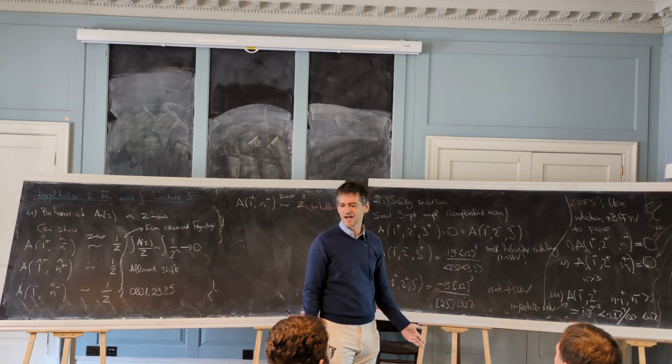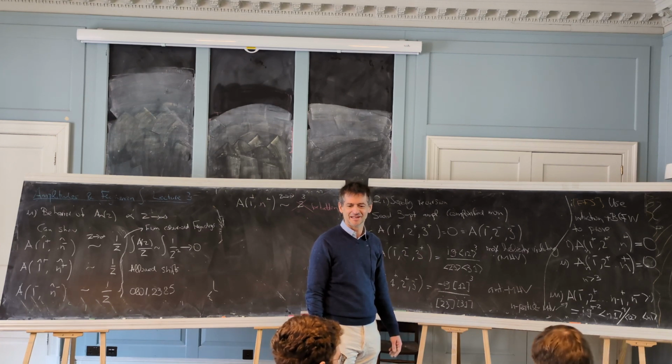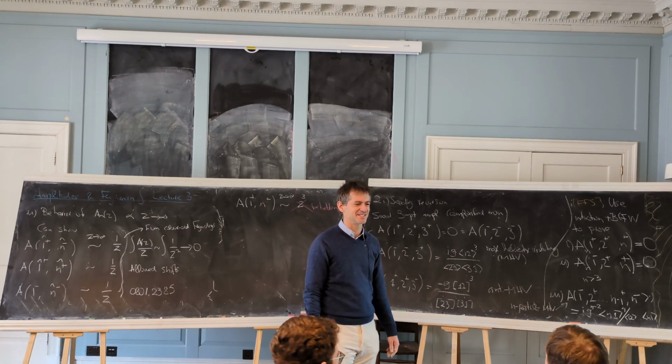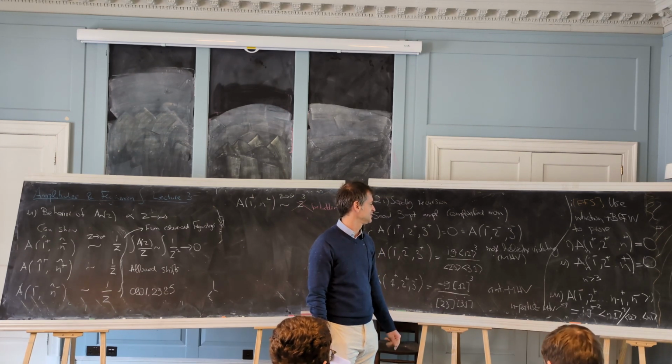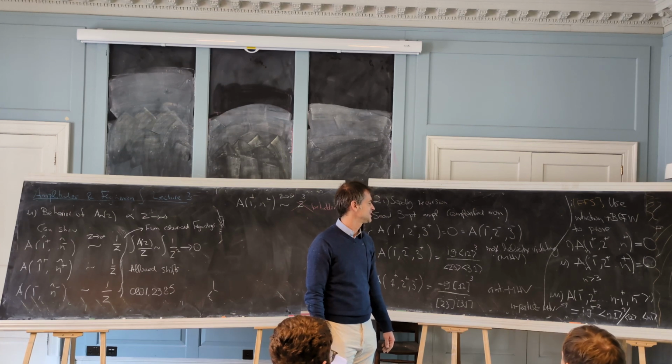And in fact, it is time for a break now. But let's see if there are more questions. Can you use the same for gravity? You can, so this is tree level.